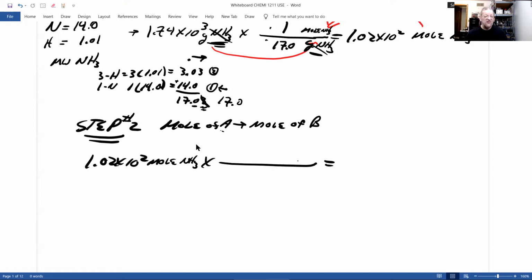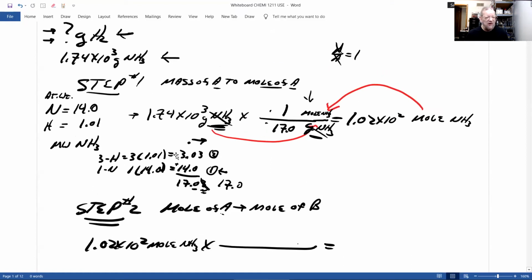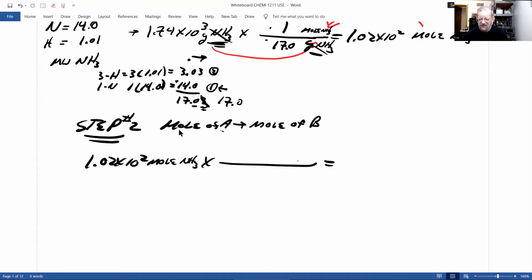And we want to get to moles of B. What's B? Well, what we're eventually trying to get to is hydrogen. So in this case, I'm going to help you out. Moles of hydrogen. And now you've got to figure out what goes here and what numbers.